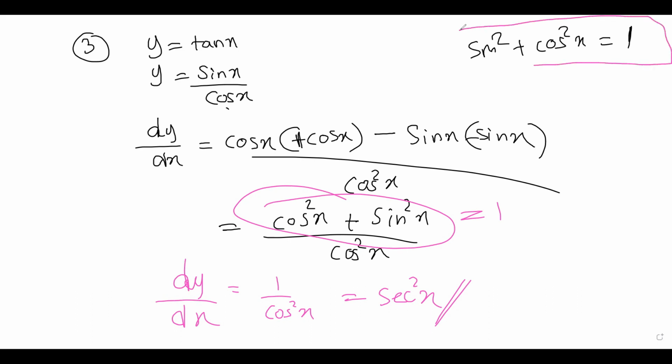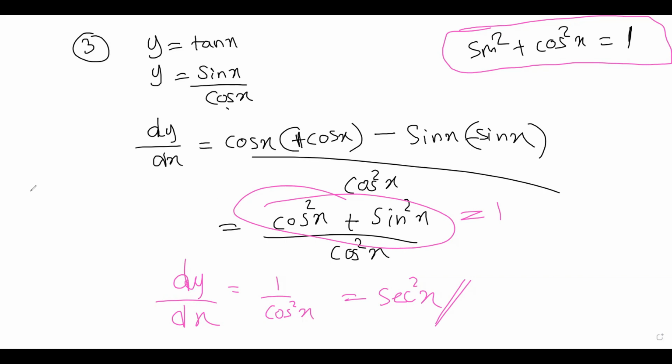Always sin squared plus cos squared equal to 1. I think you got the point.